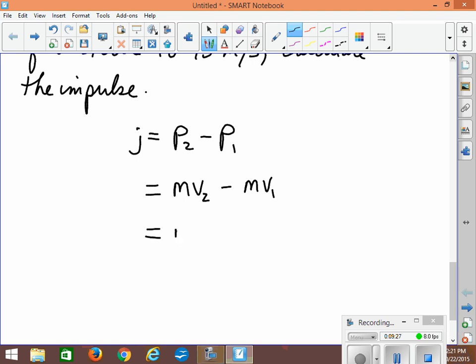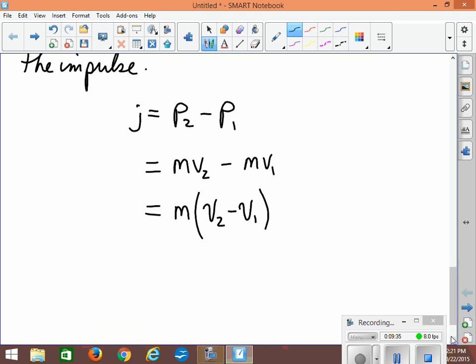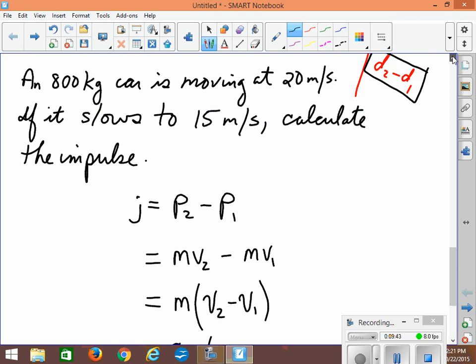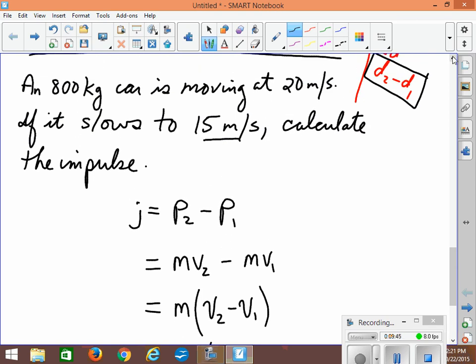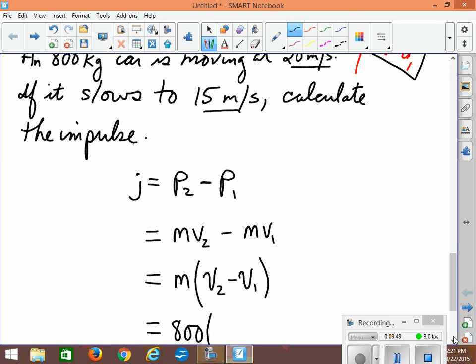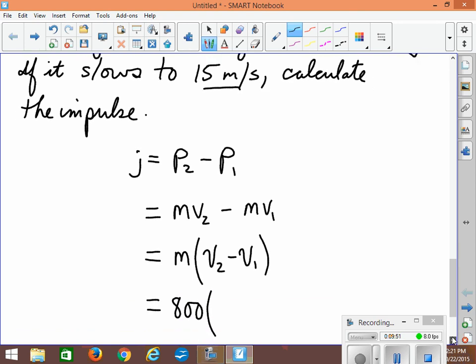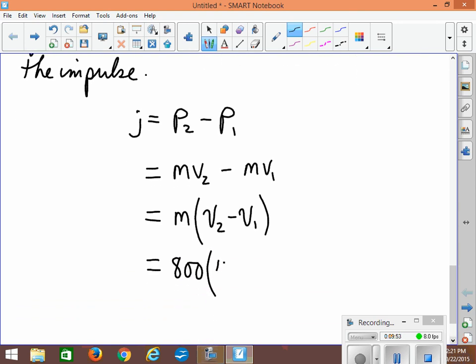And if you wanted to, you could do a little algebra here to make your math simpler. Or you could just plug in the numbers. It really doesn't matter. The mass of the car was 800 kilograms. And the second velocity of the car, remember, it slowed down to 15. And the initial velocity, V1, was 20. So what we have down here then is 15 take away 20.